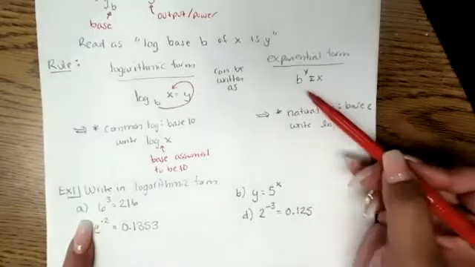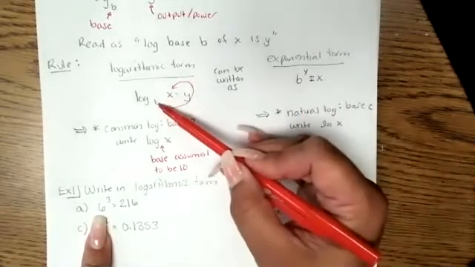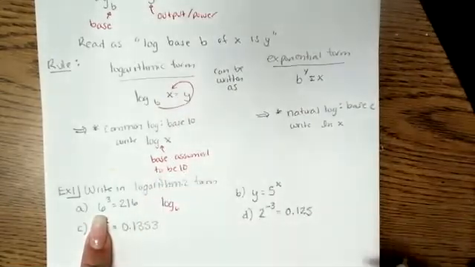So this is exponential form. Now the base is 6, so the 6 is going to go right here. So this is going to be a log base 6.